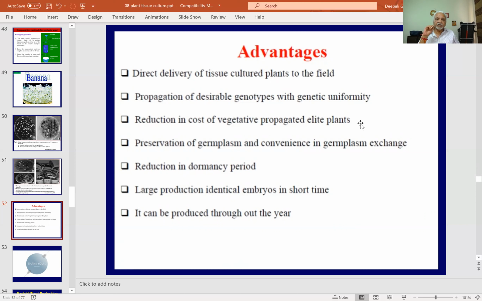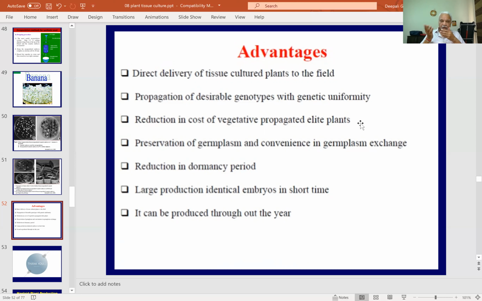You can directly put it in the soil and it will germinate. And then we can have the desirable genome organization, or the genotype, or the genetic uniformity from the mother plant from where they have been derived. The cost is reduced by vegetative propagation, and the germplasm can be preserved like this.